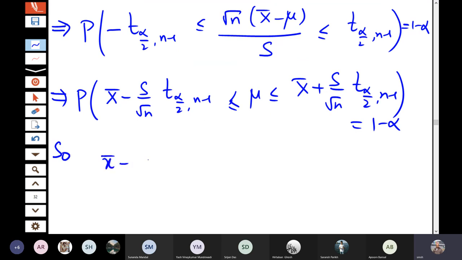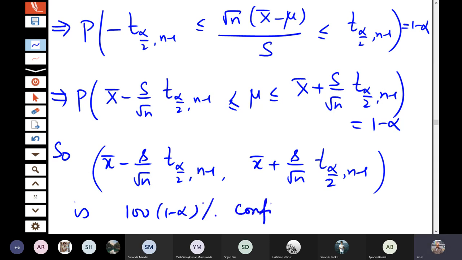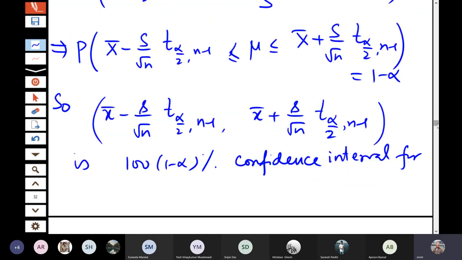So x bar minus s by root n t alpha by 2, n minus 1 is the 100(1 minus alpha) percent confidence interval for mu when sigma square is unknown.